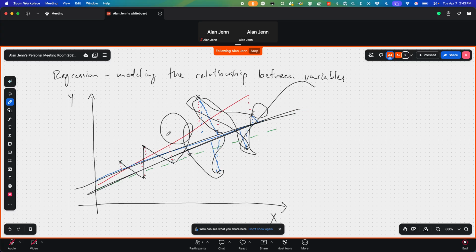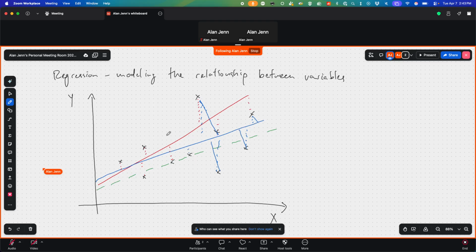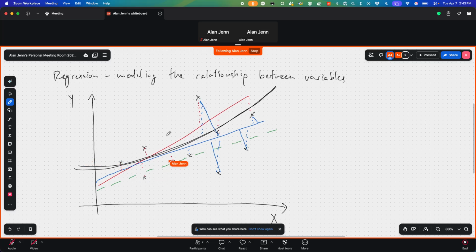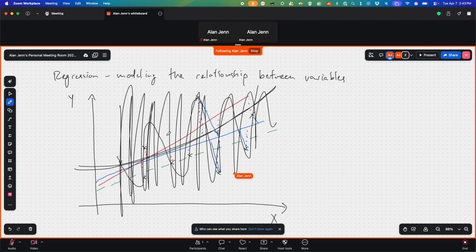No one did this, but we could have had some kind of line that looked like this. There's actually an infinite number of fit lines that could go through all of these points. I could have a line that goes like this, that passes through all the points.